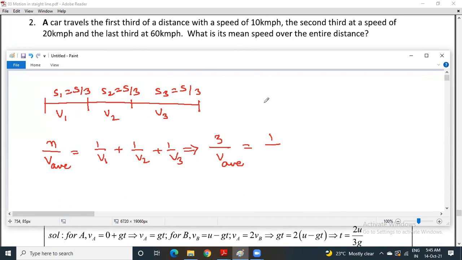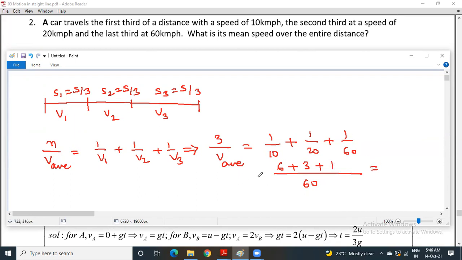V1 is 10 km per hour, V2 is 20 km per hour as given in the question, and V3 is 60 km per hour. So the LCM is 60. 10 into 6, 6 into 1, plus 20 into 3, 3 into 1, plus 60 into 1, 1 into 1.